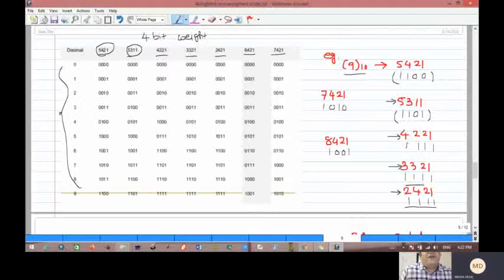Similarly 7421: 7 plus 2 is 9, so 1010, and 8421 is 1001.